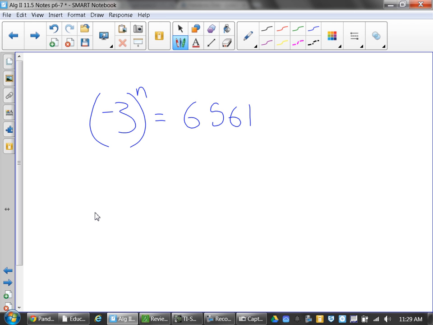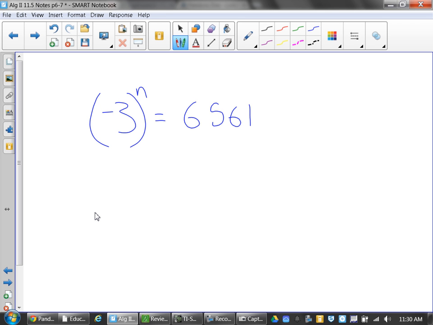Now, this is saying -3 to some power gives you a positive number. We know by rule something about that power. That power has to be what? Even. And why does it have to be even?